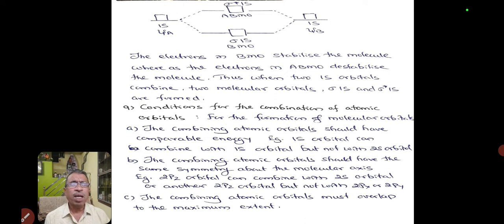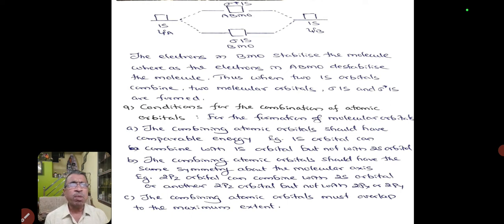Suppose the 1s orbital of one atom mixes with the 1s orbital of another atom, it results in a sigma 1s bonding molecular orbital, which has lower energy than the atomic orbitals, and also the sigma star 1s anti-bonding molecular orbital having higher energy than the atomic orbitals.